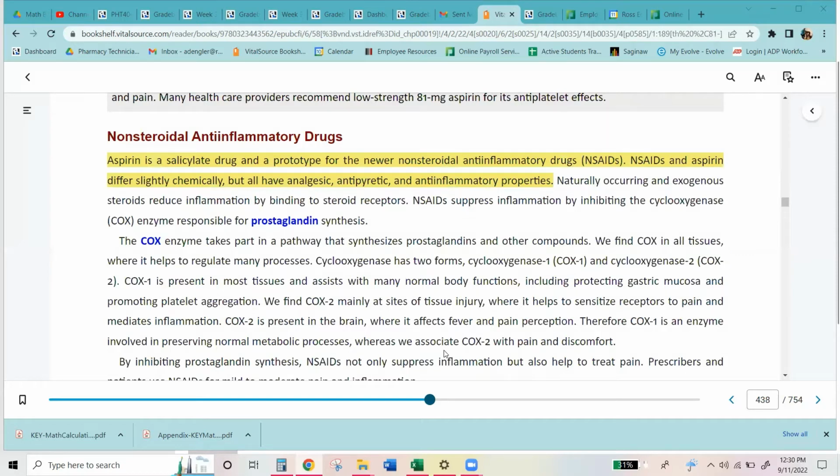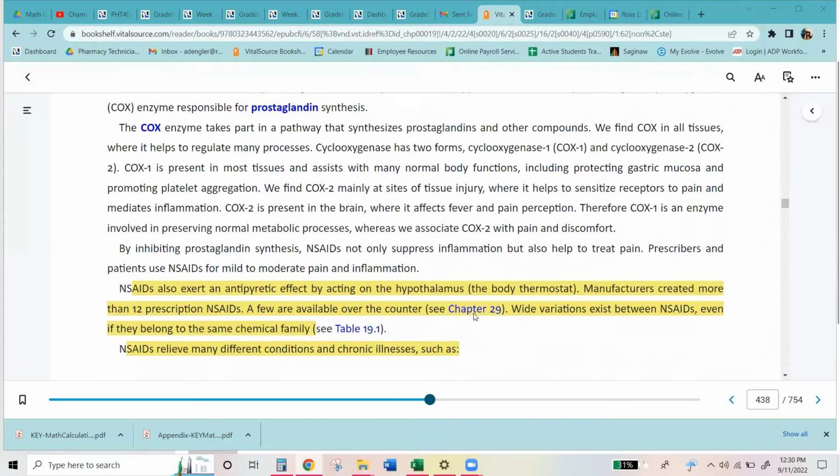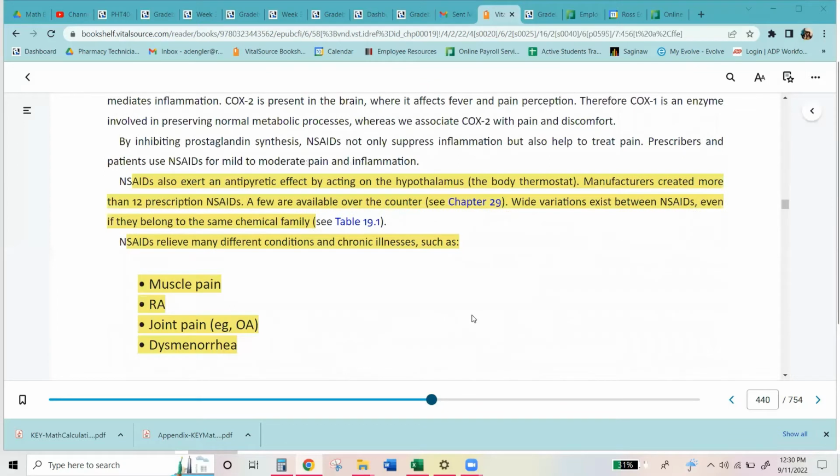Aspirin is a salicylate drug and a prototype for the newer non-steroidal anti-inflammatory drugs. NSAIDs and aspirin differ slightly chemically, but they all have analgesic, antipyretic, and anti-inflammatory properties. NSAIDs also exert an antipyretic effect by acting on the hypothalamus, the body's thermostat.